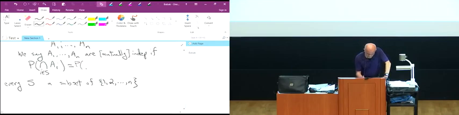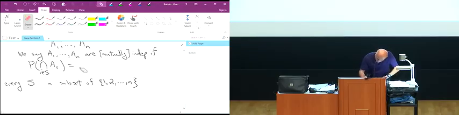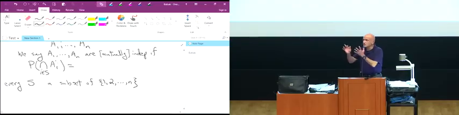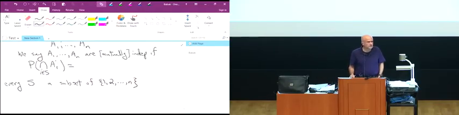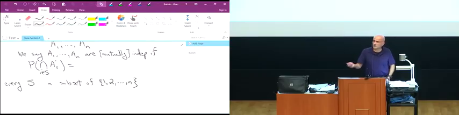Let's see what this says. It's some intersection of a combination of these. What should that be? What was it in the 2 case? A1 and A2 are independent if probability of A1 intersect A2 is what? Probability of A1 times A2.